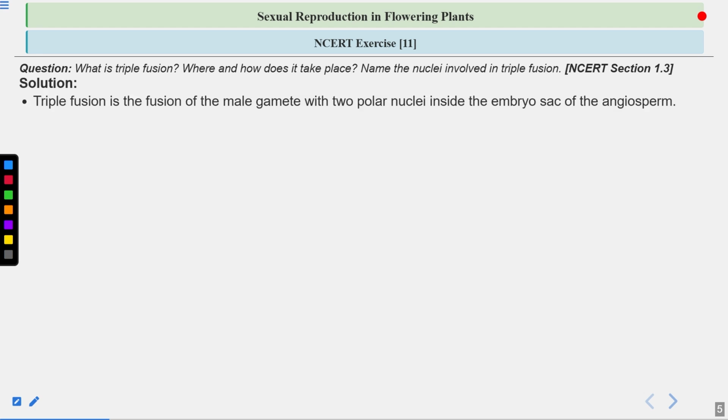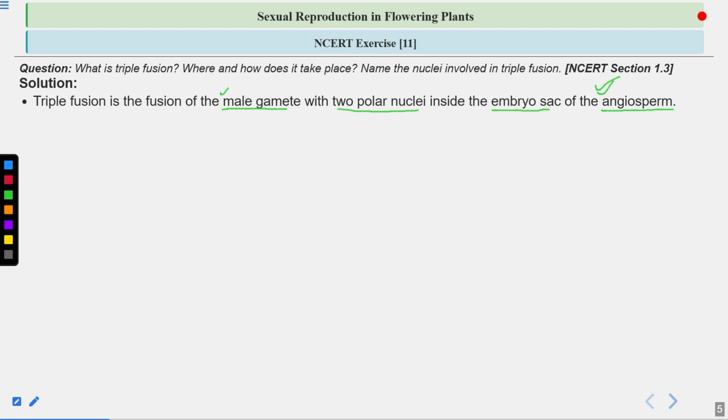Triple fusion is the fusion of the male gamete with the two polar nuclei inside the embryo sac of the angiosperm. So this is one of the very unique features of the angiosperm. This triple fusion only occurs in the case of angiosperms.